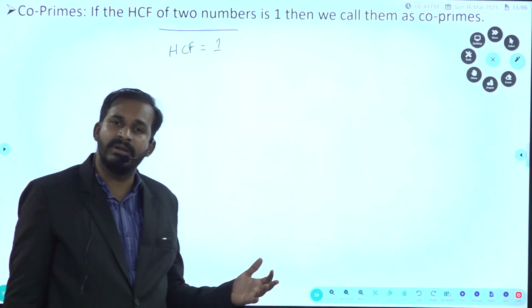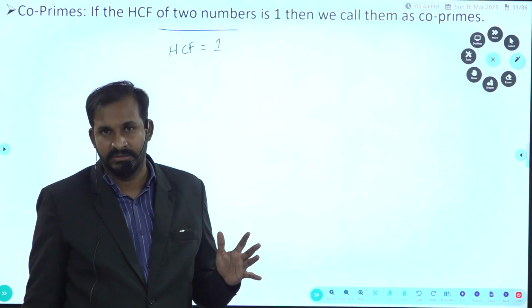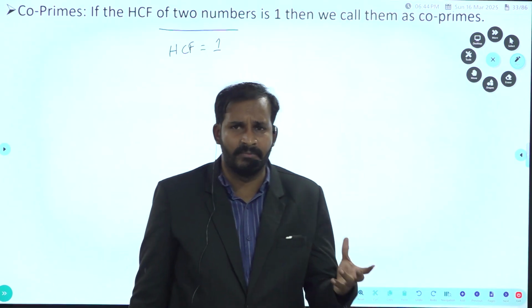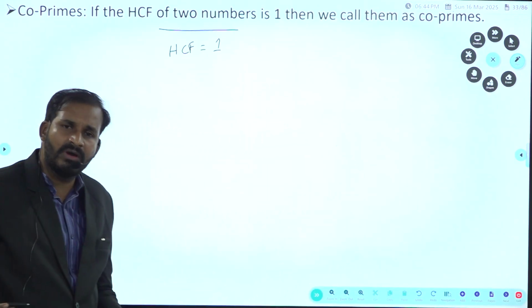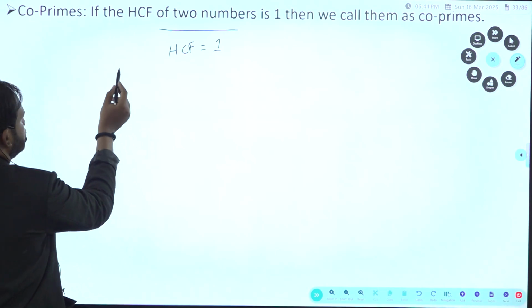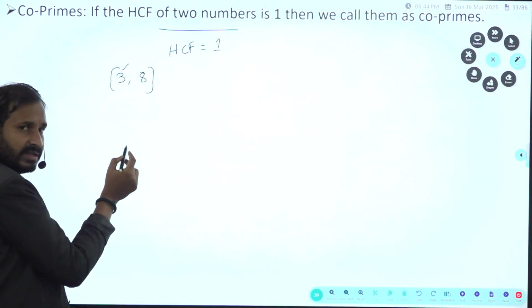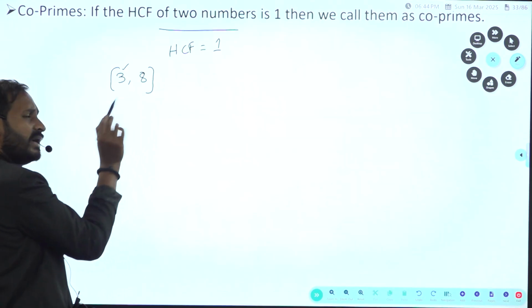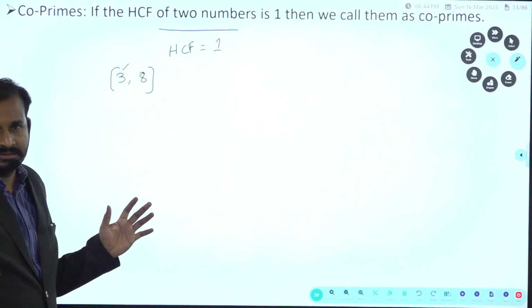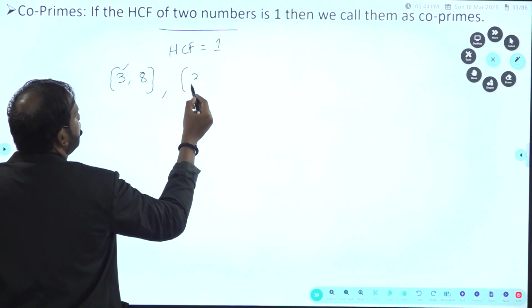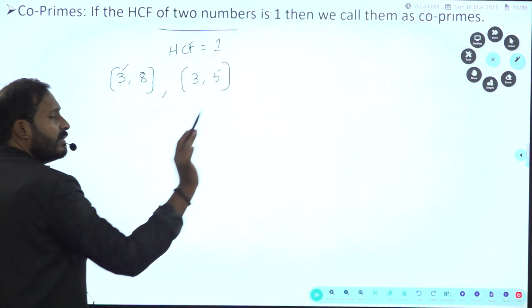By default, prime numbers will become co-primes. Why? Because if you take a prime number as a pair with any number, usually the HCF will become 1. See, if I take 3 with 8, if one of the two numbers is a prime number, by default they become co-primes. And 3 and 5 will be co-primes because both are prime numbers.